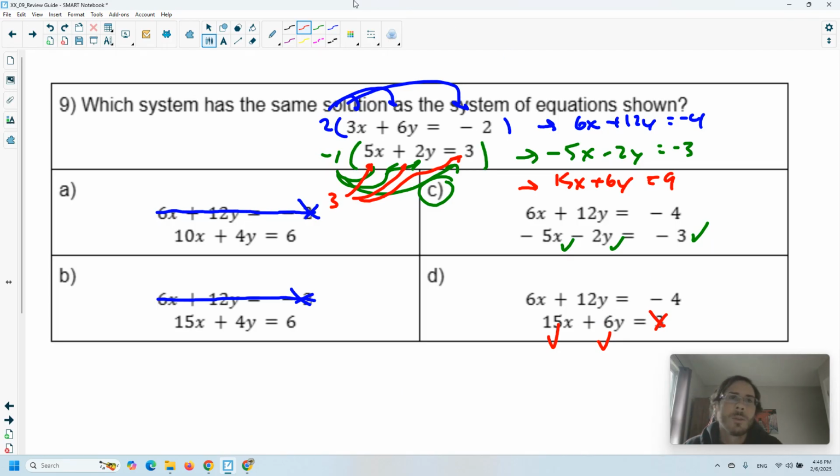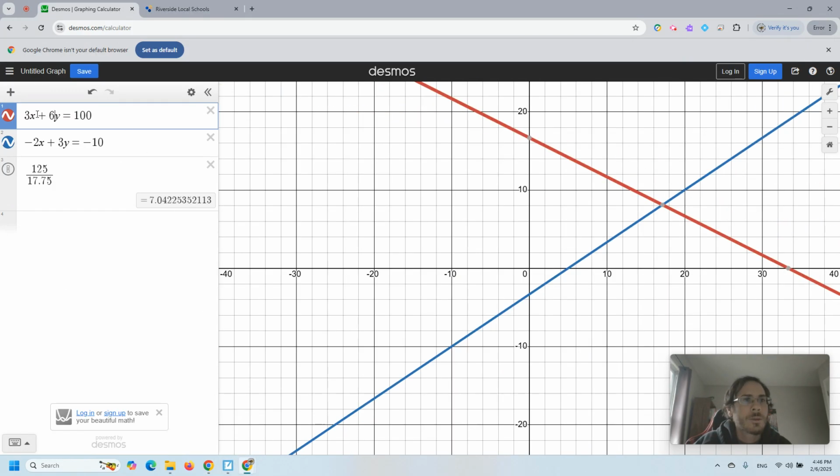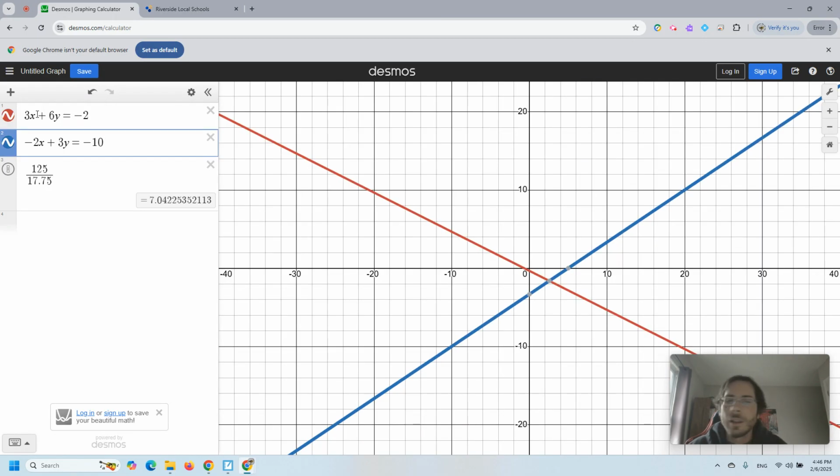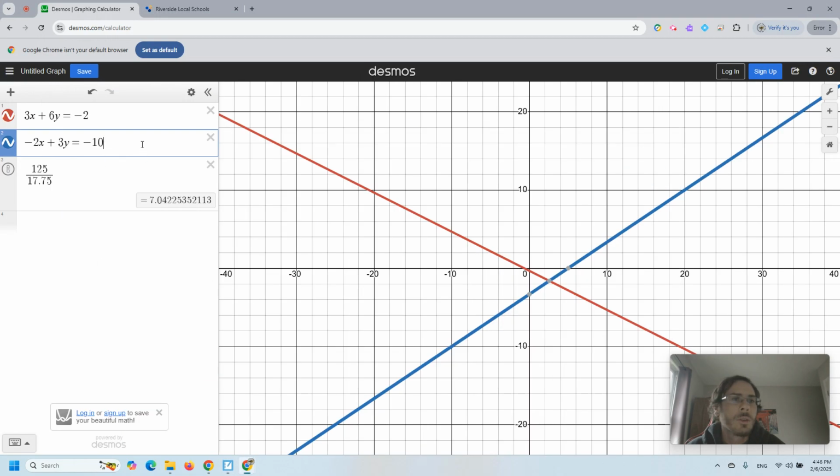Now, if we want to do it with Desmos, it is going to take a little bit extra time. What we're going to do is type in the first set. So 2x plus 6y equals negative 2. All right, then we got to get the bottom one in. 5x plus 2y equals 3.